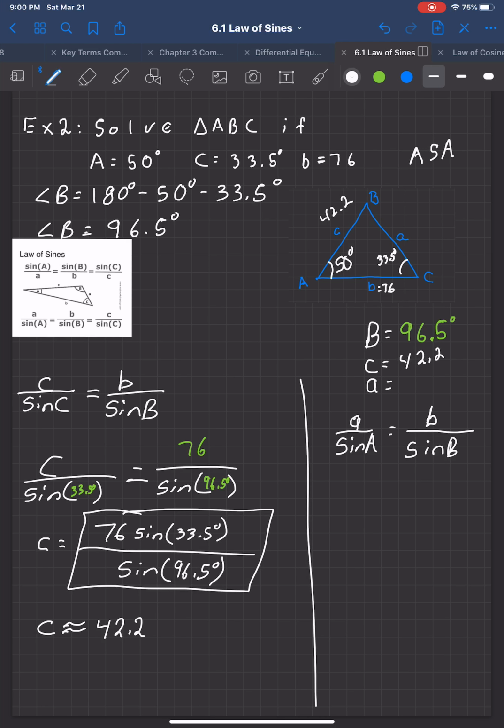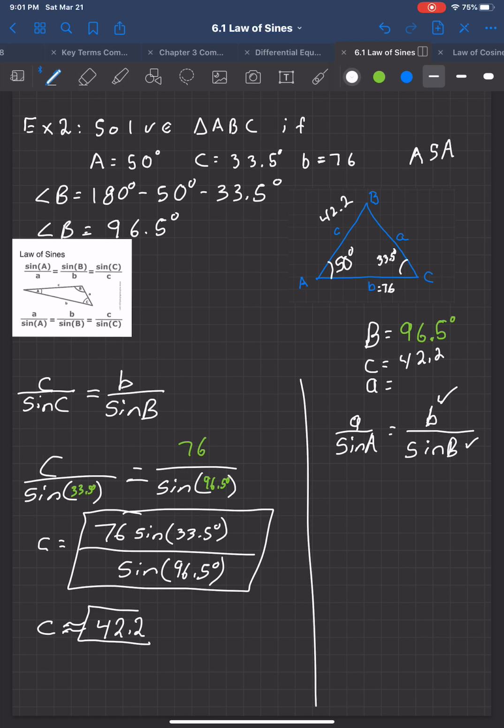Maybe I should pause. Why do you think I chose B over sine of B when it was optional? Well, we know that side B is 76, that was given to us. And we know that angle B is 96.5 degrees.